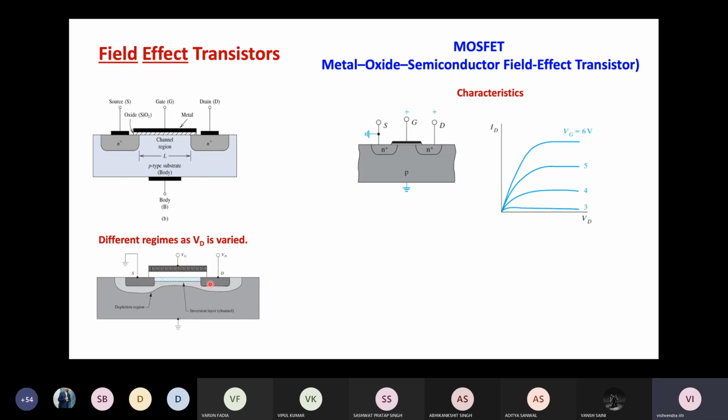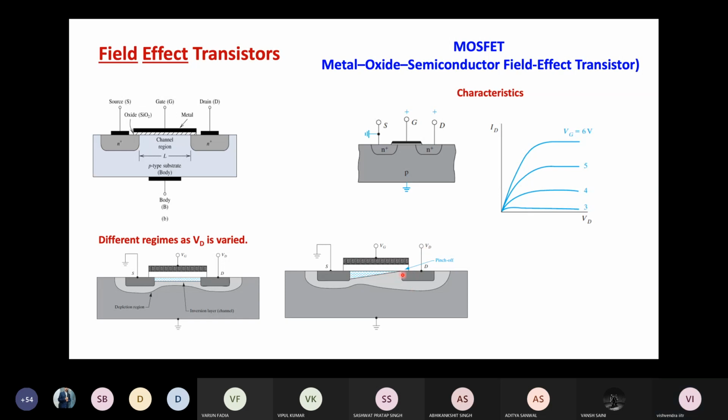So the number of electrons on this side will now be less. Because of the drain voltage, the net voltage that is felt by the electrons here is reduced.